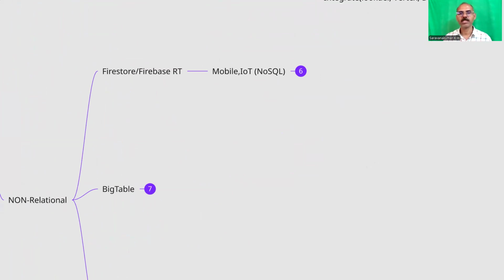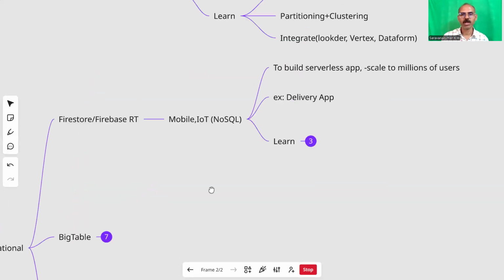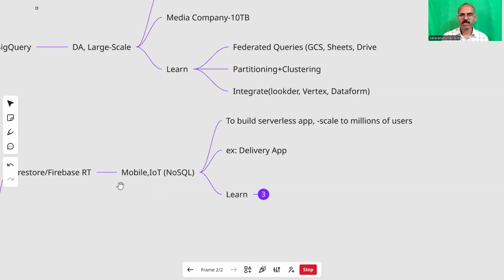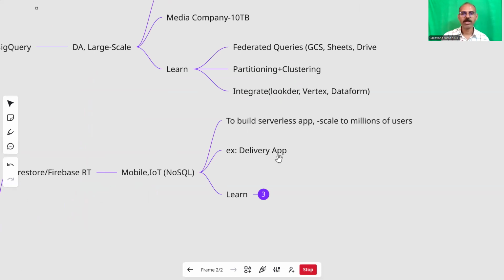So whenever there is an application where you want real-time ingestion, this database is mainly utilized to build serverless apps, where you can have millions of users, and you scale it if you expect millions of users, particularly in the case of serverless applications, for example a delivery app.